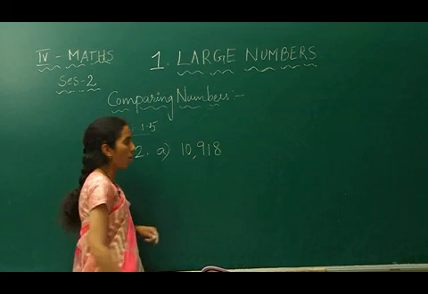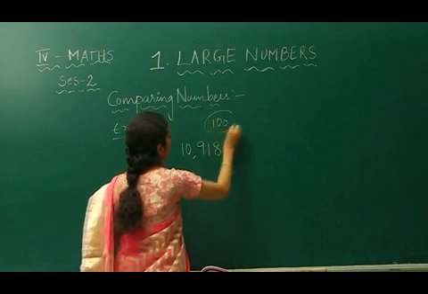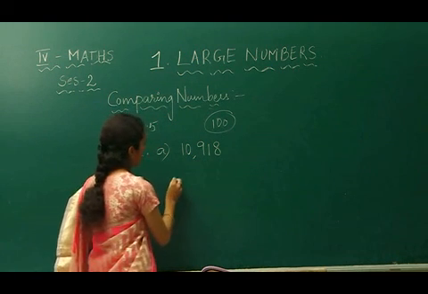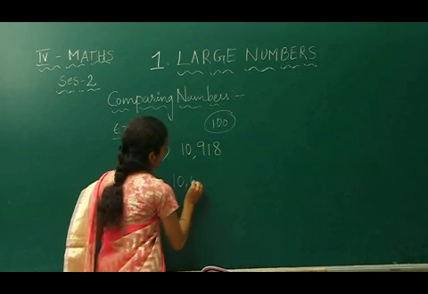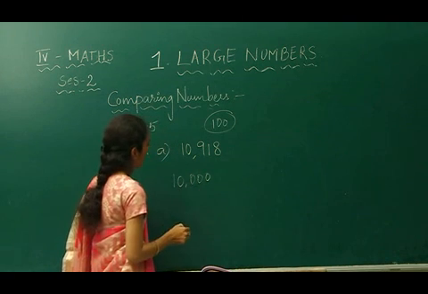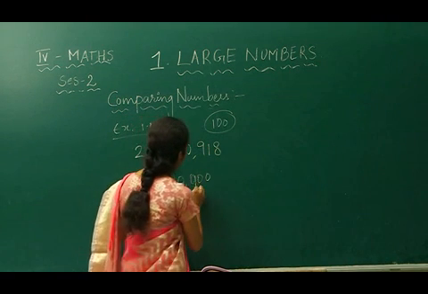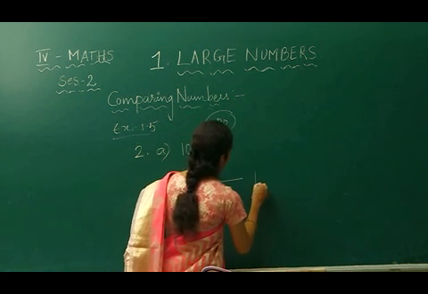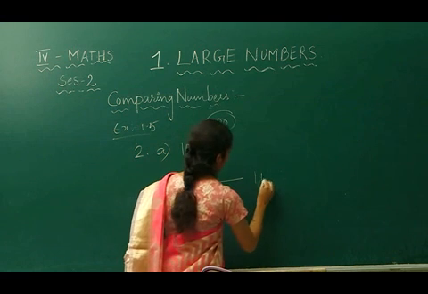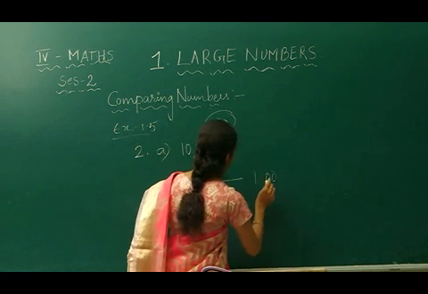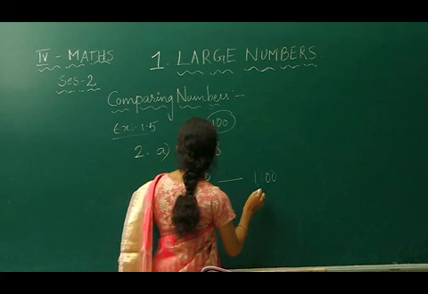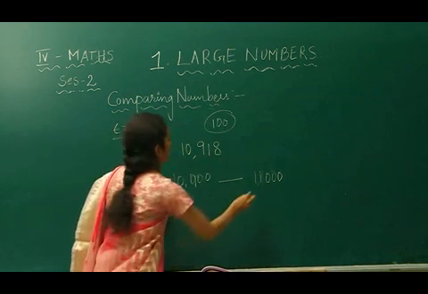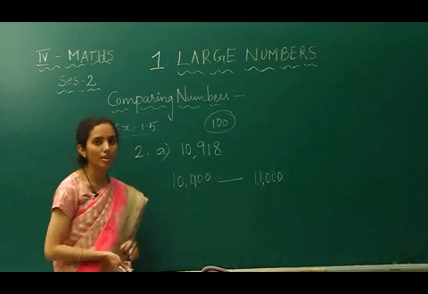So question number 2, part A: 10,918. So we have to round it to the nearest 100. So how do we do it? 10,918 is nearer to 10,900 and 11,000.